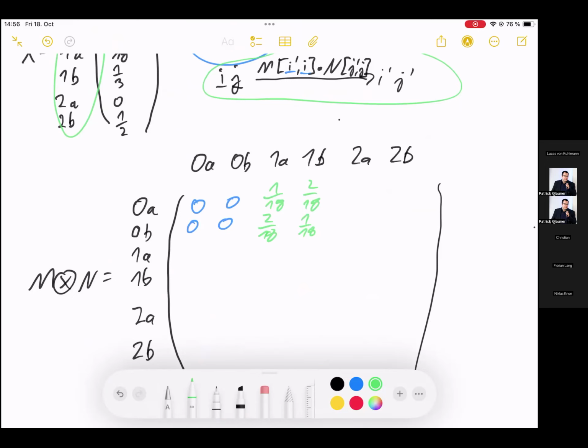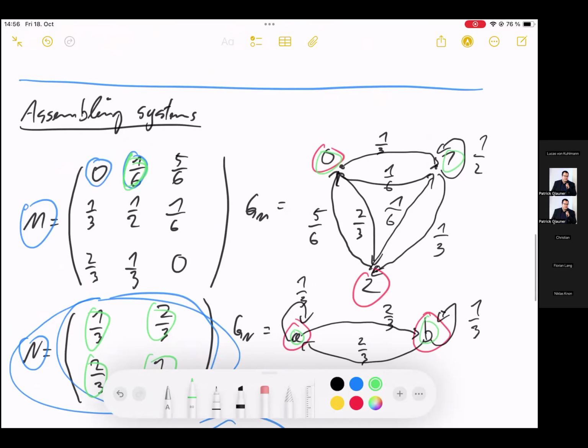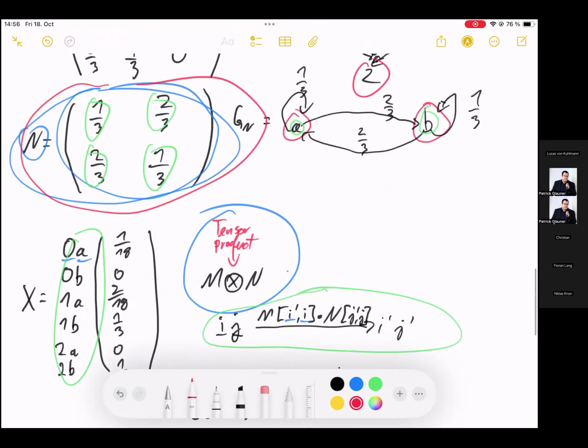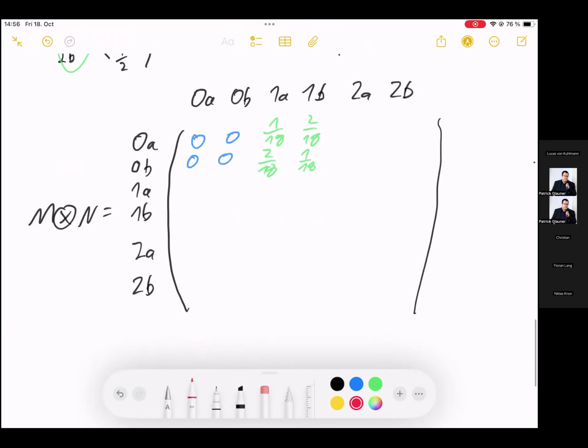And you can keep continuing this, that you just take the next element, like this one, and you multiply it with N, and so forth. It will take you a little bit, but at least it's a structured, easy to follow process, and you will get this transition matrix for the composite system. You can try it at home.